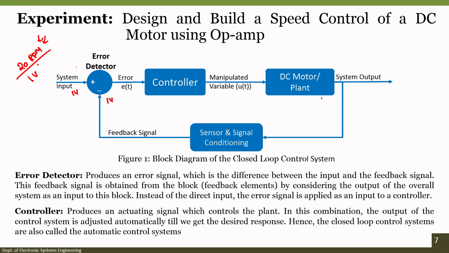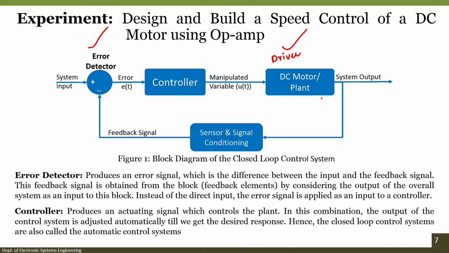It looks for the system input magnitude to match the system output magnitude, provided the two are in the same units. So, to have the same units, we say 1 volt corresponds to approximately 20 RPM. This block, the driver part of the DC motor, is done.